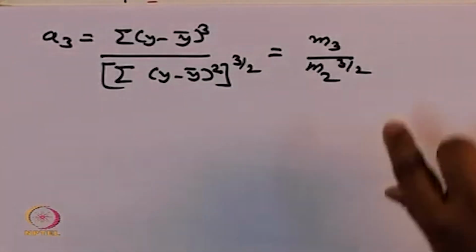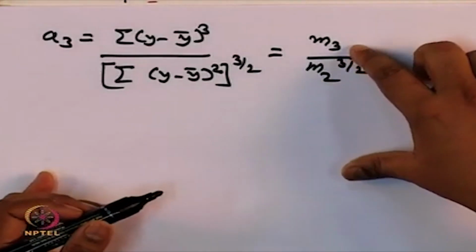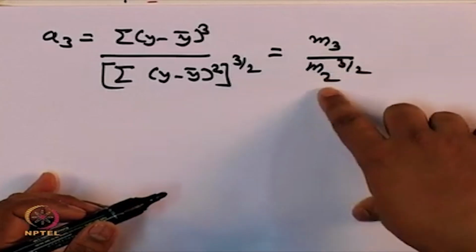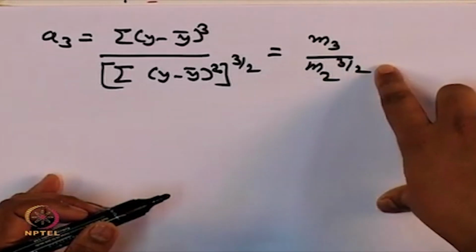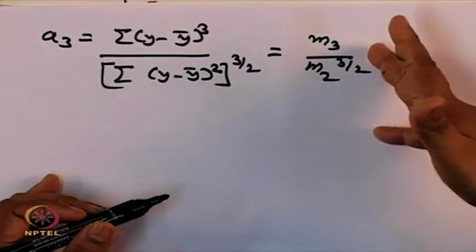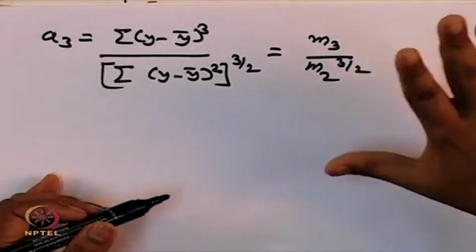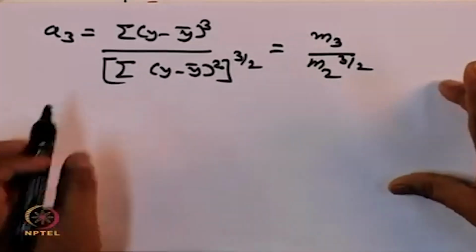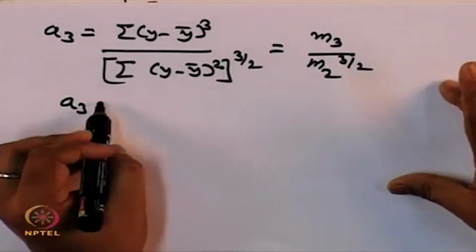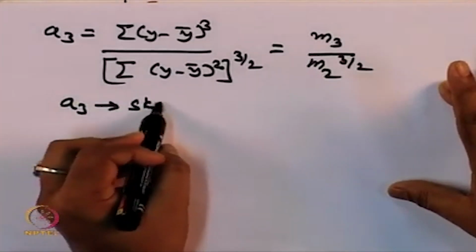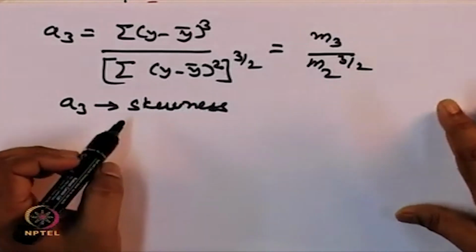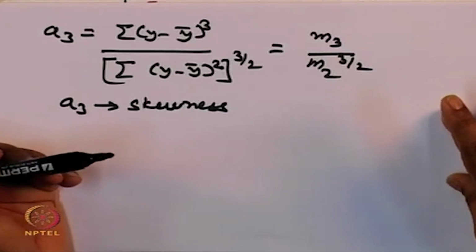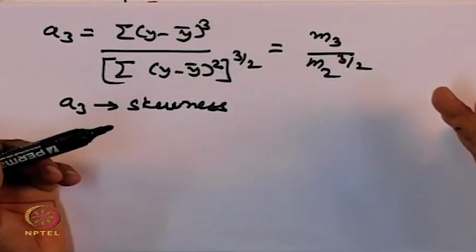As you can clearly see, m3 will have units of meter cubed, and m2 has units of meter square, whole to the power 3 by 2, which gives meter cubed. So this is, after all, a dimensionless number. This parameter A3 is called skewness, and for any distribution, it is obvious from the word skew itself.